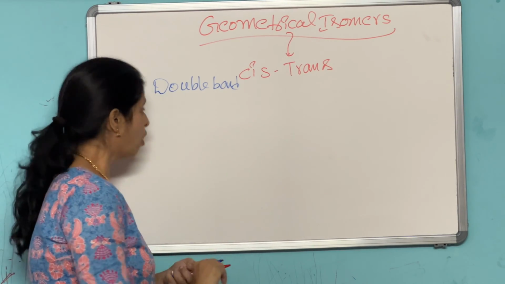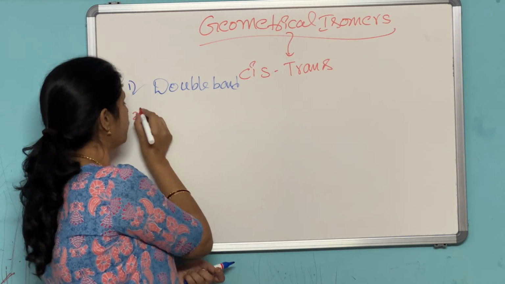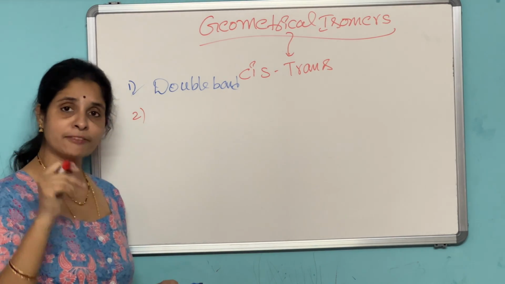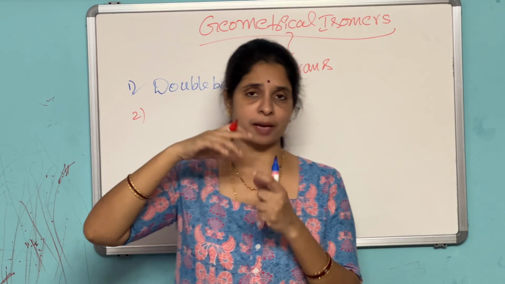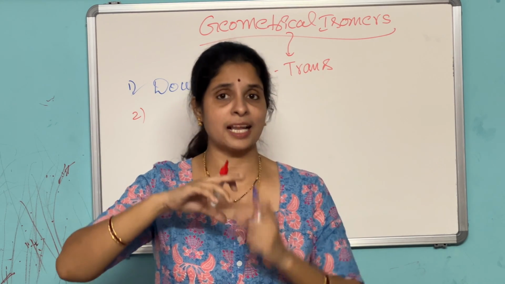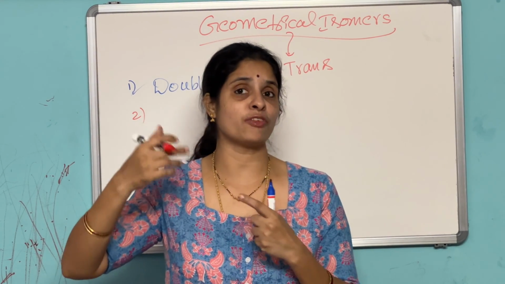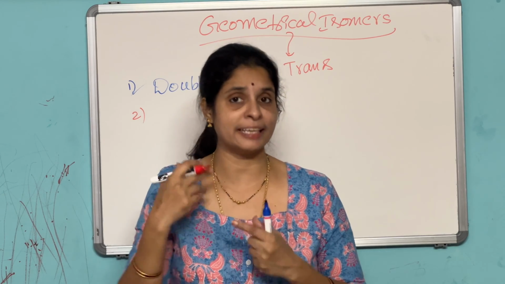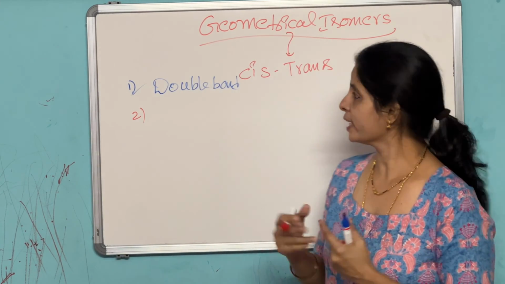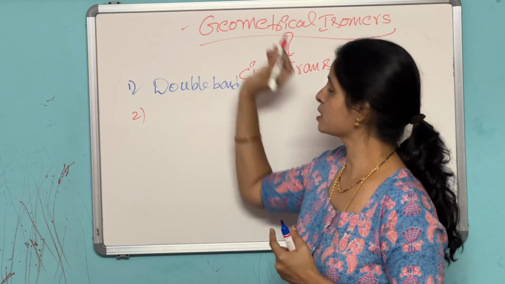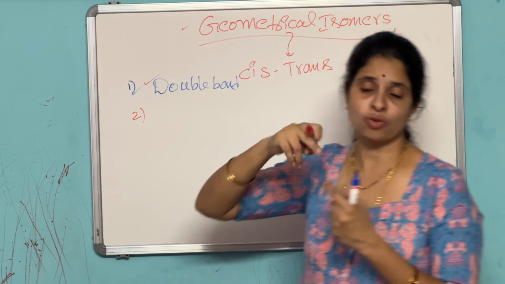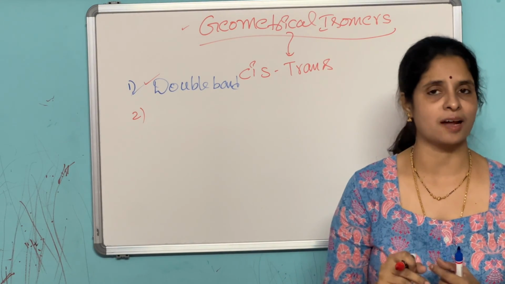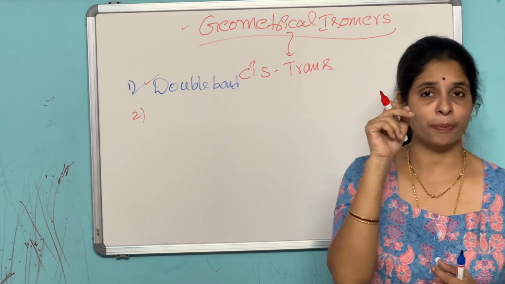Now, if you observe the conformations of ethane, there is a continuous rotation around the carbon-carbon single bond, and n number of conformations are possible for ethane, I told you. But in geometrical isomerism, there is no such rotation around the carbon-carbon double bond.